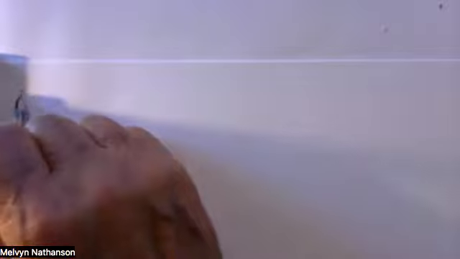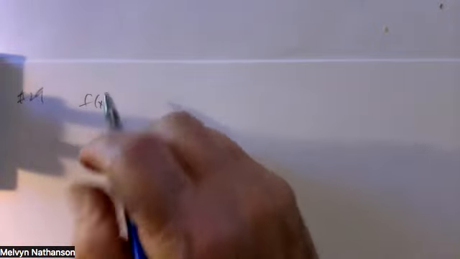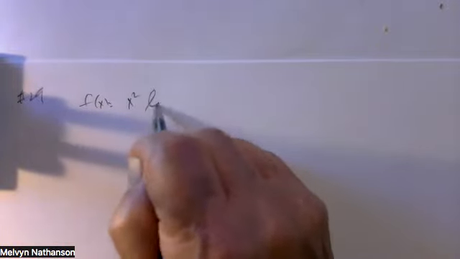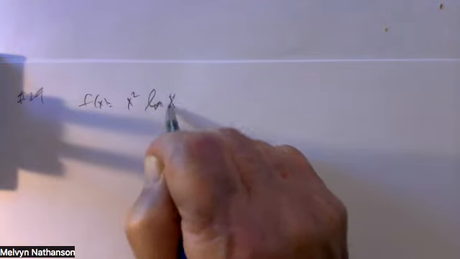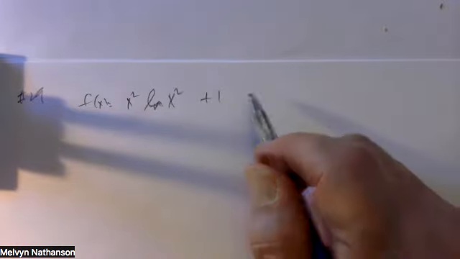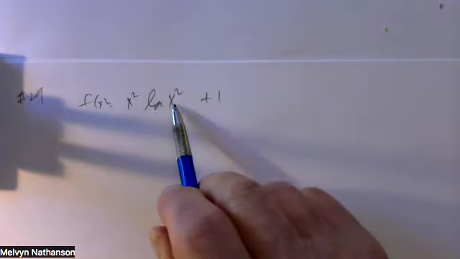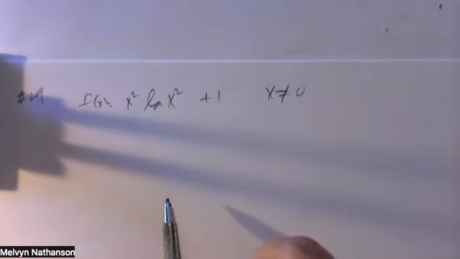Let's look at problem 29. We have the function f of x equals x squared times the log, ln, log of x squared plus 1. So x squared is always positive unless x is 0. So this is only defined for x different from 0. And where is this function increasing and decreasing? We need to look at the derivative.